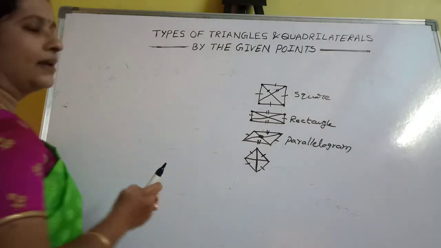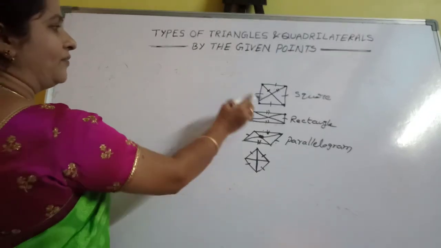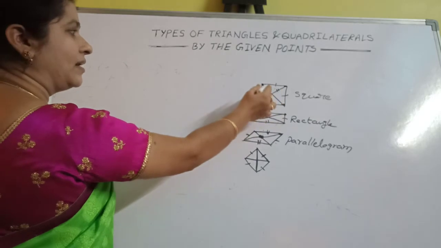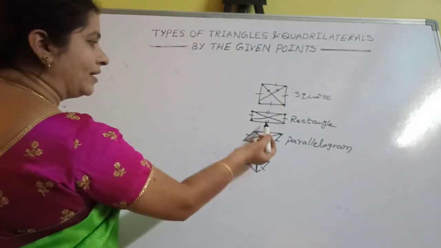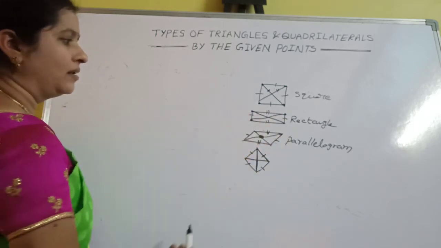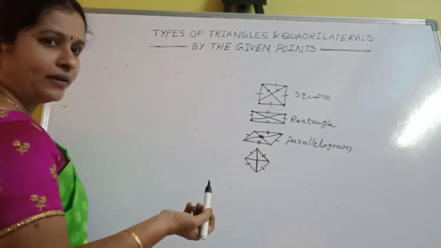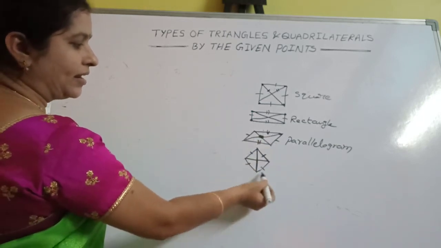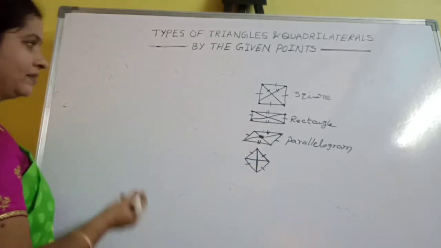And scalene triangle, all three sides are not equal. For a square, four sides are equal and two diagonals are equal. For a rectangle, opposite sides are equal and diagonals are also equal. For a parallelogram, only opposite sides are equal. In a rhombus, four sides are equal and diagonals are not equal.